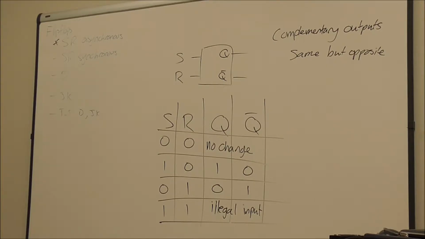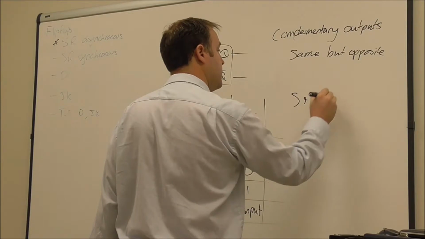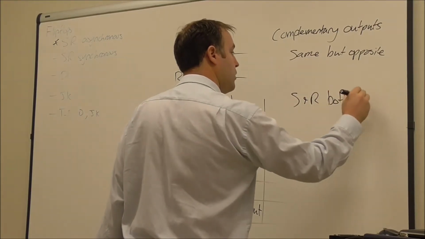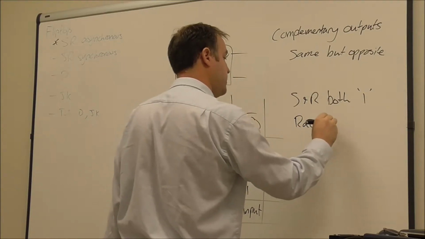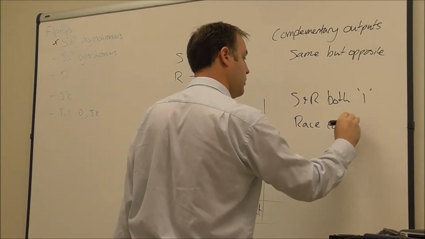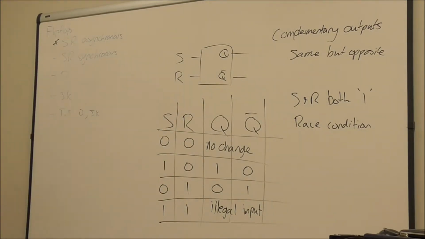Now what would happen, you're asking, if I do put S and R high, is you get something called a race condition. Okay? So if S and R are both 1, we get a race condition where effectively both Q and Q bar race each other, like a foot race.